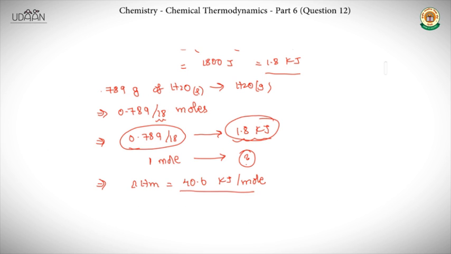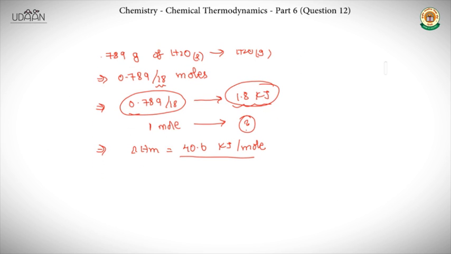Since we need to calculate molar internal energy change, what is the equation that we know for the enthalpy and internal energy relation? Delta H equals delta U plus P delta V. We need to find delta U, and we have delta H since we calculated it.